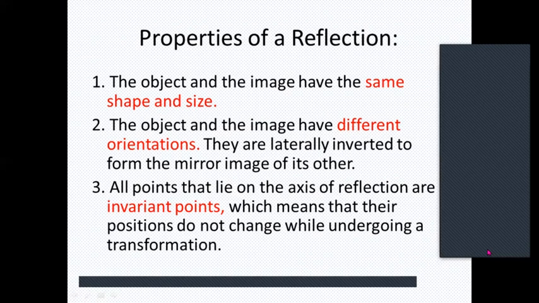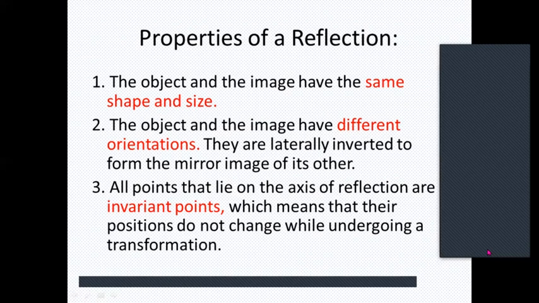So what does it mean when we say invariant? It means that the position does not change. So that point will not change even if it is flipped over. Just like, for example, going back to the book, if this is your point and it is flipped over, it's the same point.